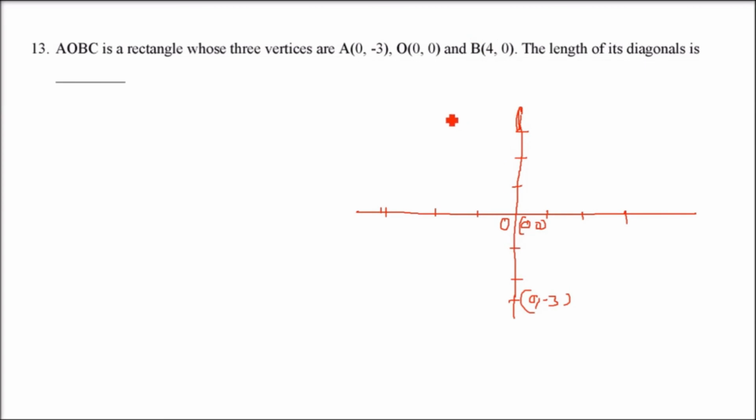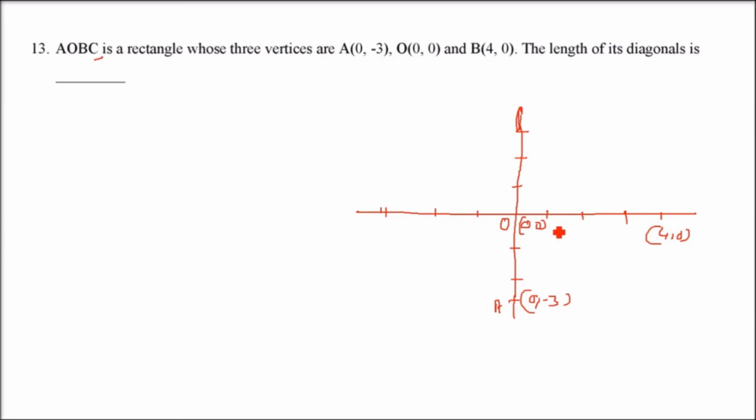Point B is (4, 0). So let me write A here, and B is (4, 0). B is already done, C is remaining.